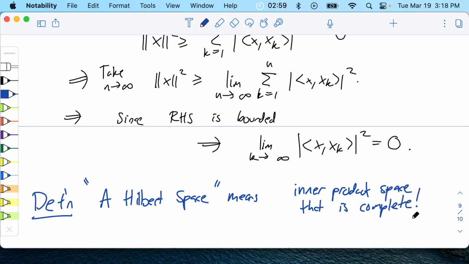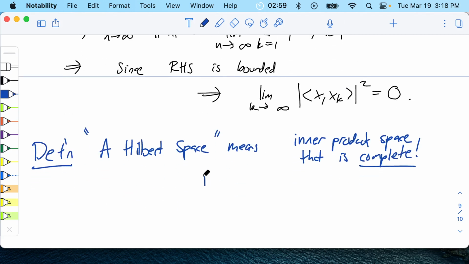And complete means every Cauchy sequence converges. I don't know if we've done this one already. Every Cauchy sequence. Okay, great. We're about to use it.